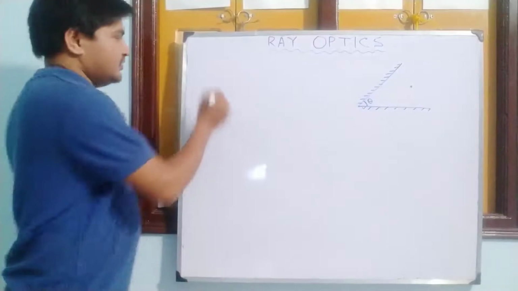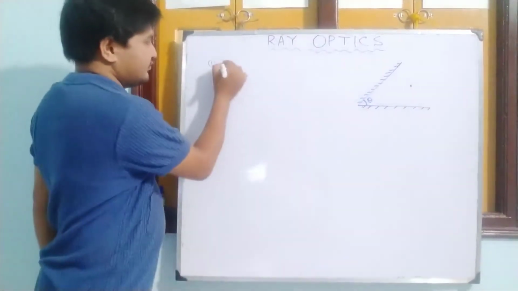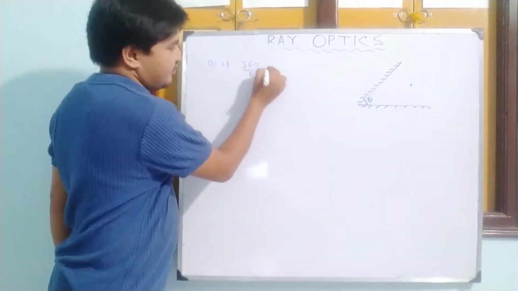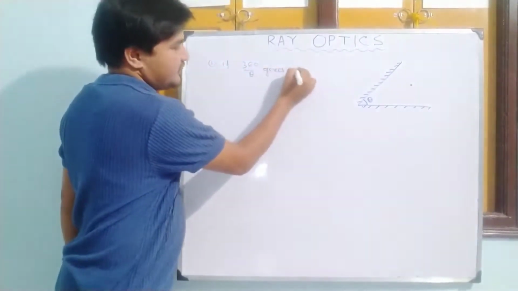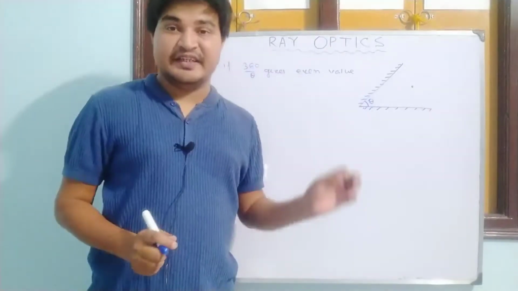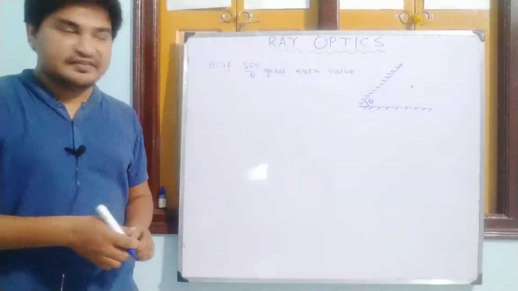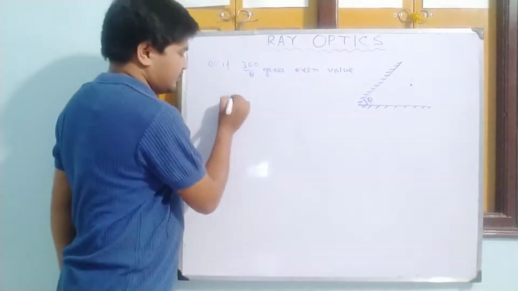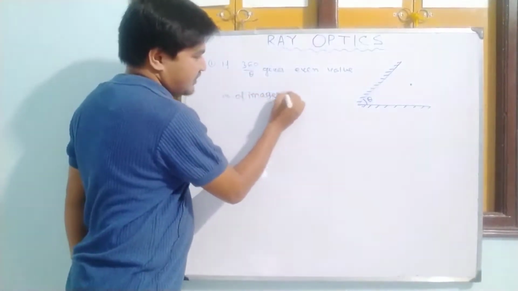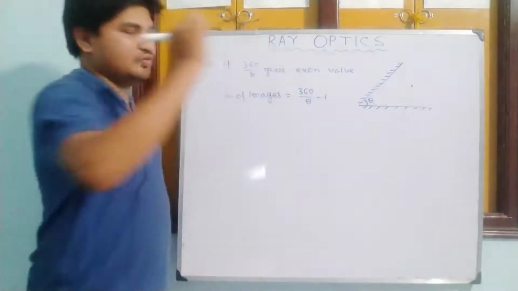Okay, so first, if 360 by theta gives an even value, in that case, if 360 by theta gives us an even value, then number of images equals 360 by theta minus 1.